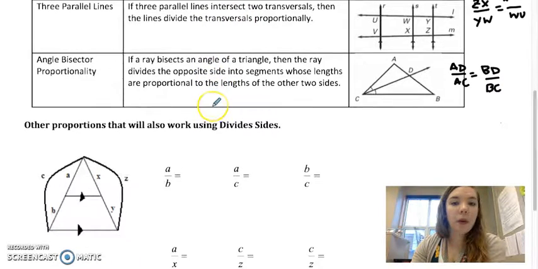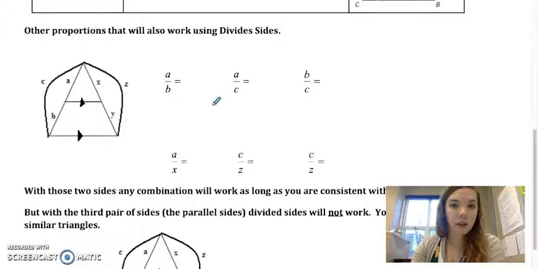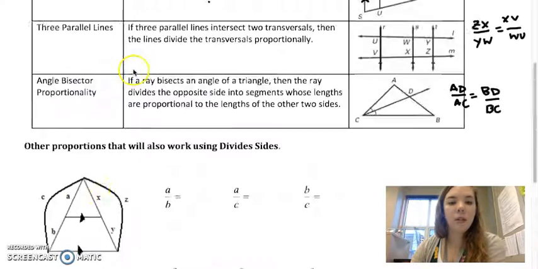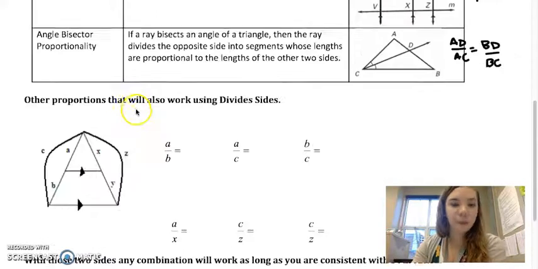Other proportions that will also work using divided sides. So this one is the same as the first one where we have divided sides.